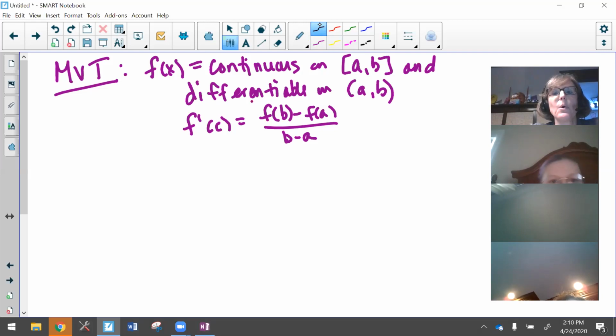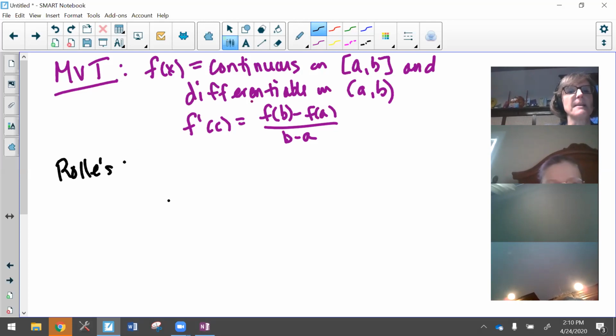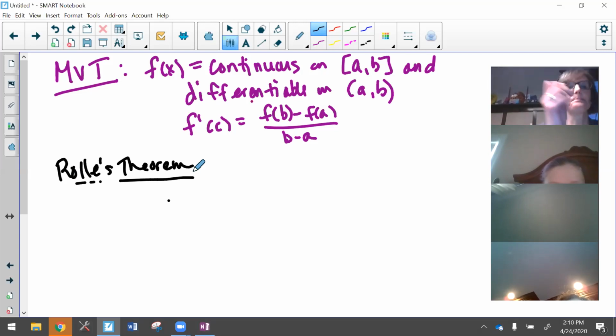One corollary to that you read about, but I never talk about because it's stupid, but it comes up every once in a while, is Rolle's theorem. And the problem is that Rolle hated calculus, so he wanted to do everything that he could so that he wouldn't have to use calculus.